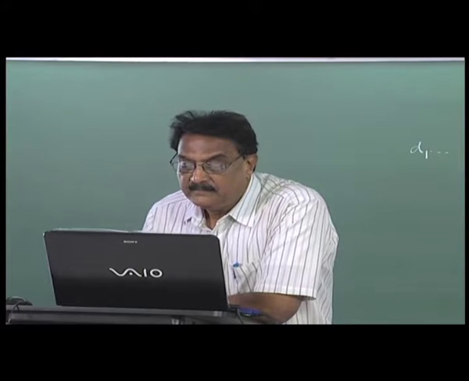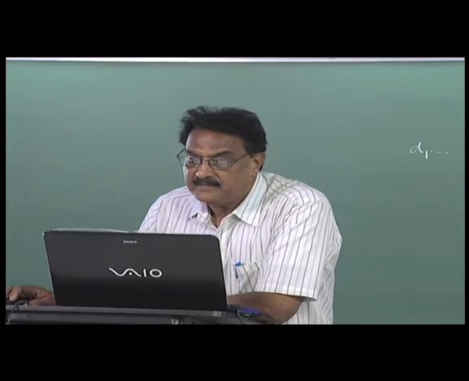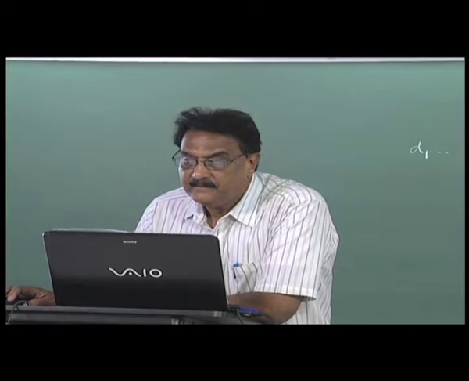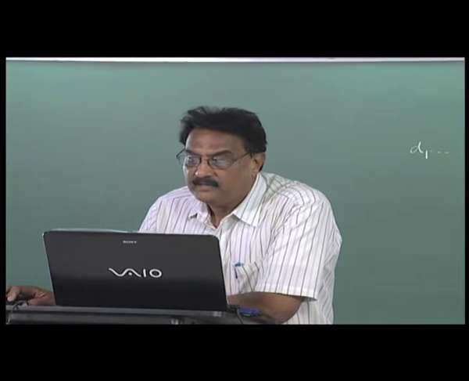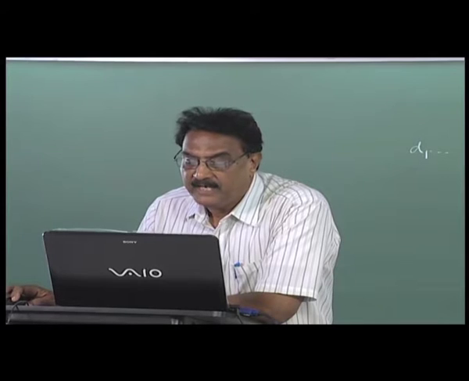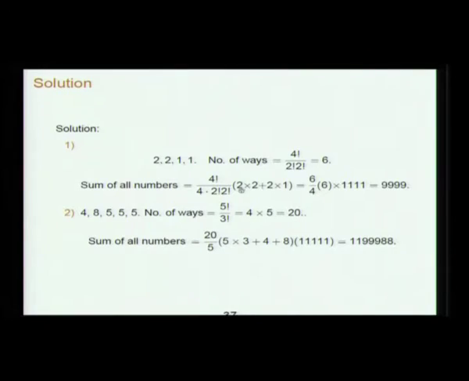Similarly, in this example here it is 4, so factorial 4 divided by the two sets of 2 each, factorial 2 by factorial 2, that is 6. Then you have to divide by 4 and take 2 into 2, there are 2 twos and 2 ones.